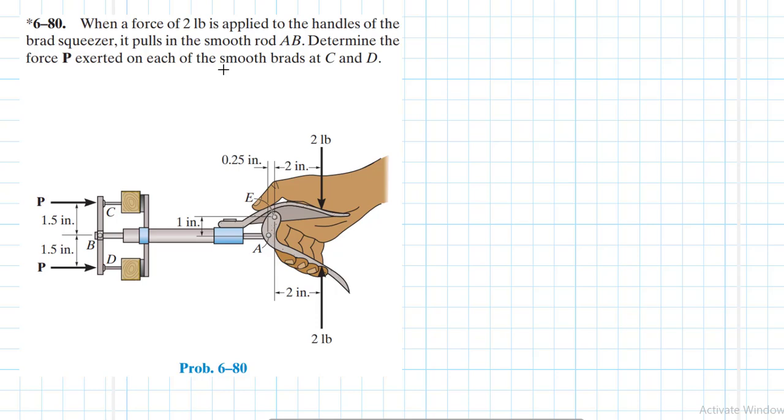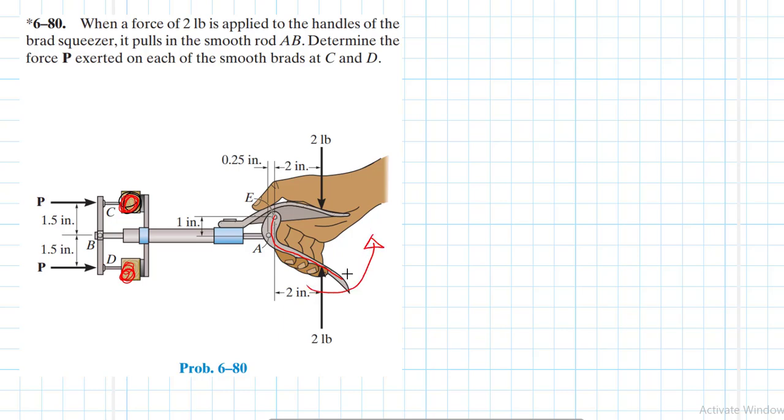Hibbeler. So what the problem is telling us is that we have this machine, and this machine is a squeezer. It's able to hold, like in this case, this material at C, and it's held as this member here is being pulled.